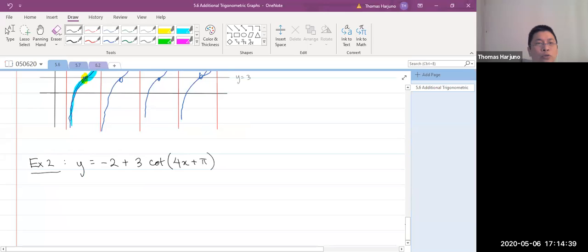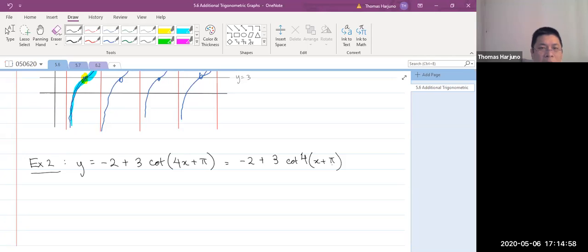If I try to do it similar to the way I did before, then I can rewrite this as -2 plus 3 cotangent 4 times (x plus pi over 4). Remember that? Like cosine and sine, I factor the angle first.